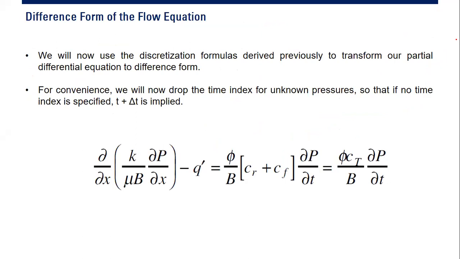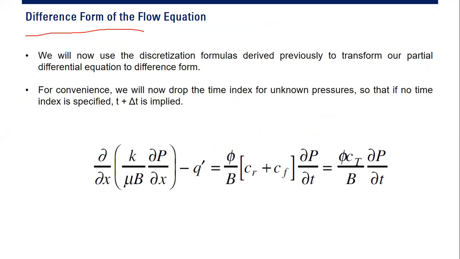We want to convert it to a numerical approach. Ya, kita mau pakai numerical approach. Jadi kita akan mendiskretisasi. We will discretize and we will use the difference form of the flow equation. So we change from differential equation to a discretized formula.